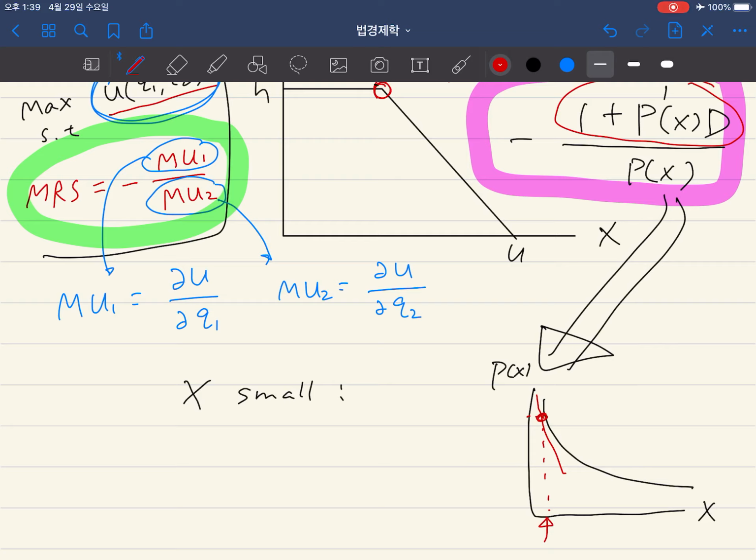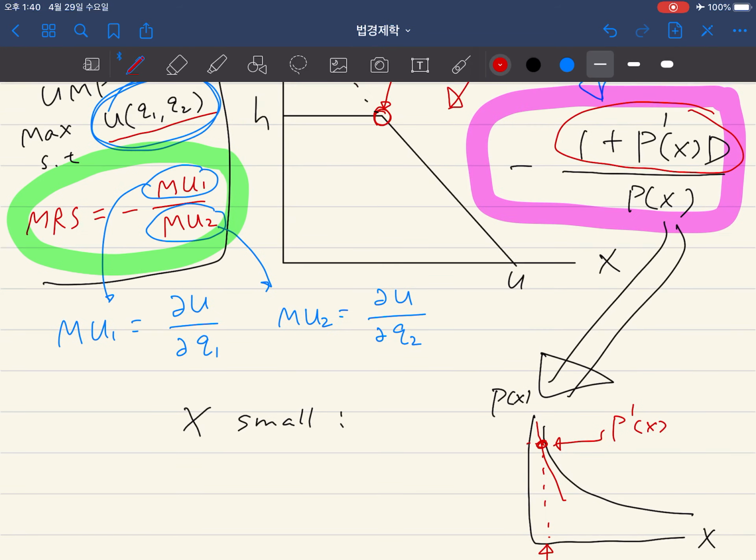Slope is negative and it's very steep. It means p prime x is a really big negative number. So from our formula, this number p prime x is gonna be a really big negative number when x is small.